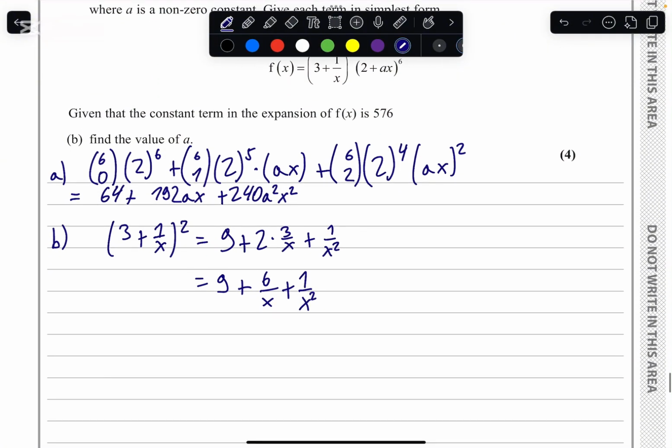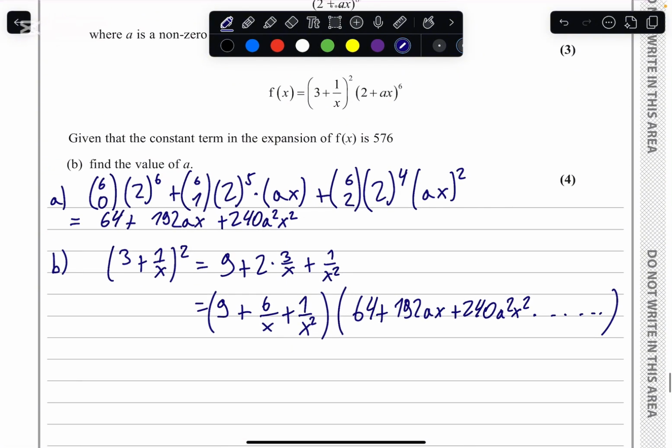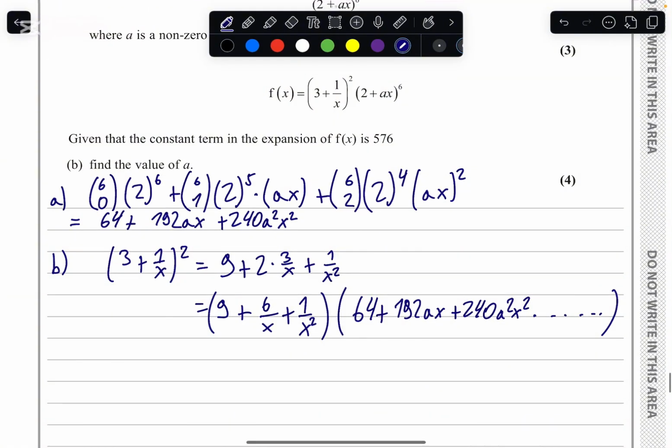And so that times what we found here, we need to use this to find a, given that the constant term in the expansion of the following function is 576.